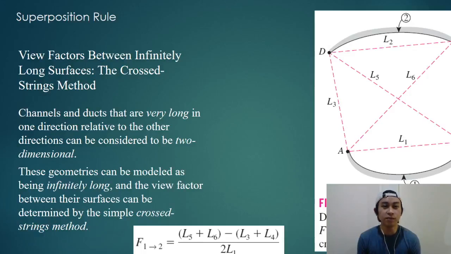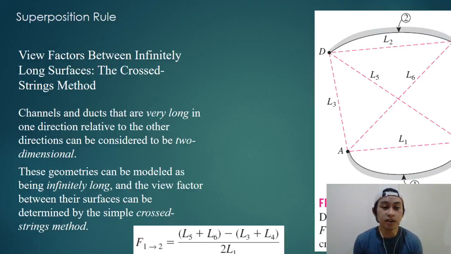The view factor between infinitely long surfaces uses the crossed-string method. Channels and ducts that are very long in one direction relative to the other directions can be considered to be two-dimensional.